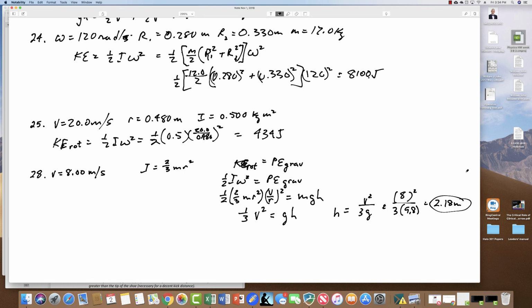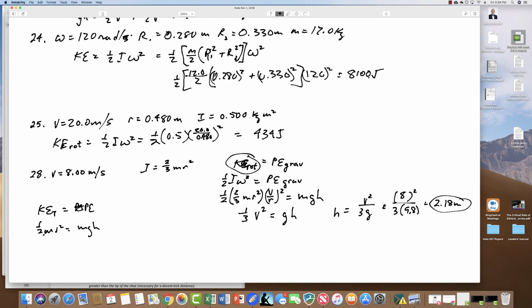Now the second part of this problem says instead of this ball rolling up the hill, it slides up the hill without rolling. So that changes this to KE translational. And so it's 1/2 mv squared is equal to mgh.